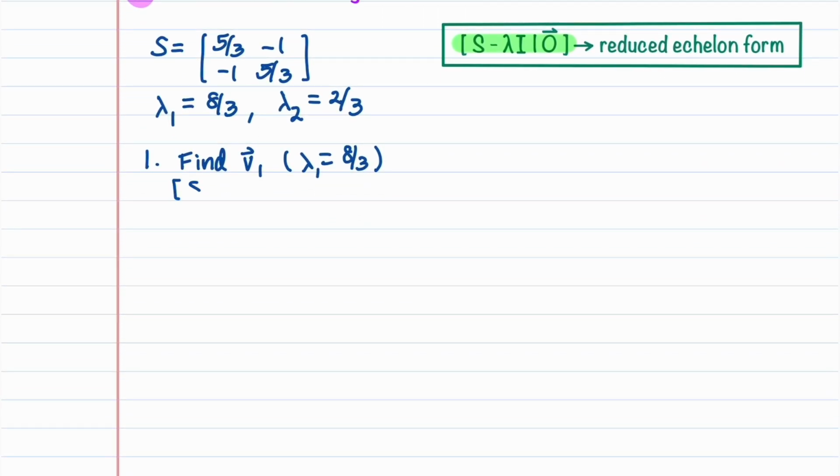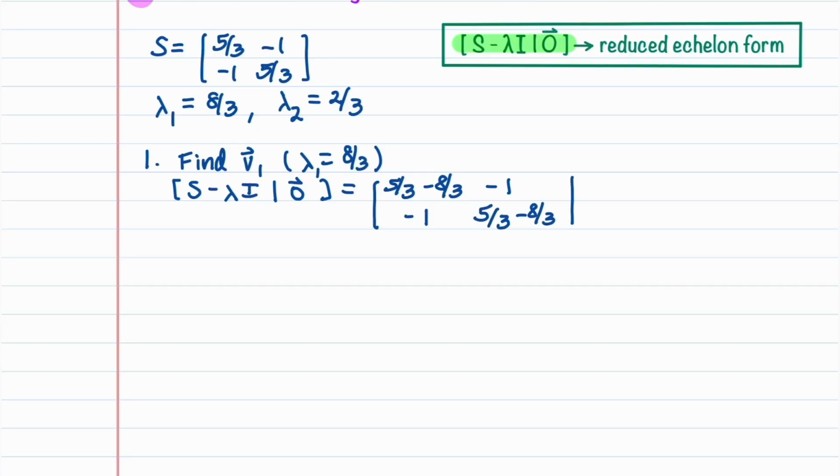We're going to take S and subtract λI, and we're going to augment that with 0. Let's see what this gives us. We have 5/3 minus 8/3, and then −1, and then we have −1, and then we again have 5/3 minus 8/3, augmented with 0.